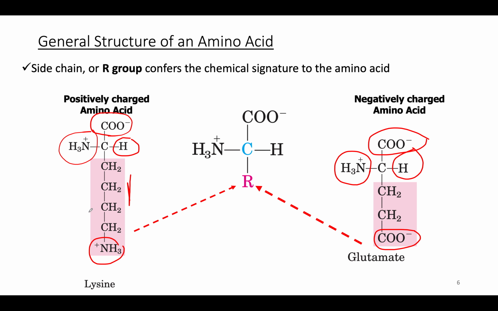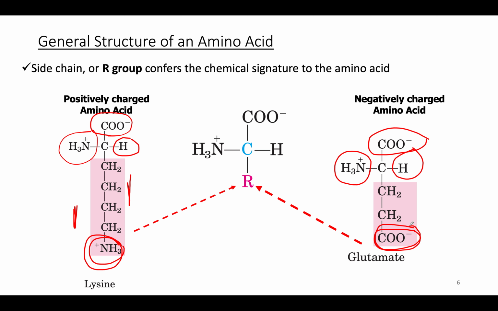In other words, the lysine molecule is a basic molecule because of the presence of this particular chemical moiety, whereas the glutamate molecule is an acidic molecule. What you can see here is that the difference in the chemistry of the side chain confers a unique chemical signature to the amino acid.